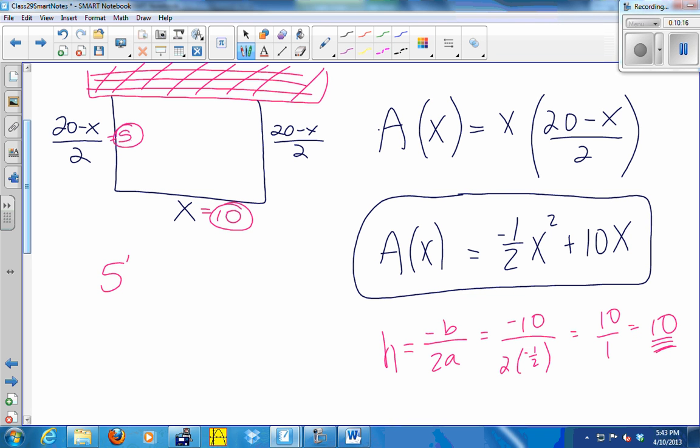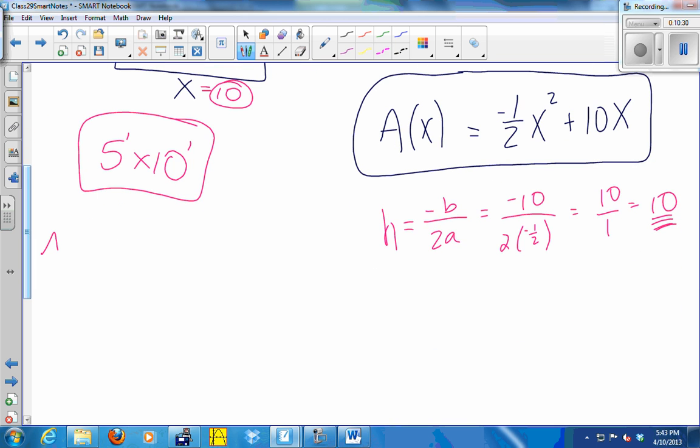So a 5 by 10 pen is the best I can do. That's the maximum area I can make. And what is the maximum area? 50 square units. Right, just multiply the 5 by the 10.